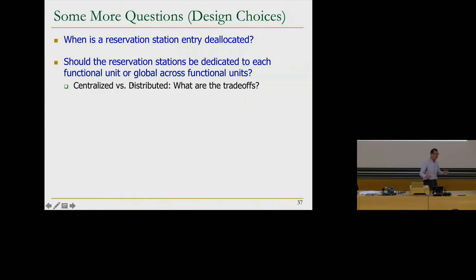If you have distributed, you can actually specialize the reservation station for the functional unit also. I didn't show you a branch functional unit, for example. Multiply and add are similar in the sense that they're binary operations, but you may have unary operations or operations that don't need 2 source registers. In that case, you can specialize the reservation stations.